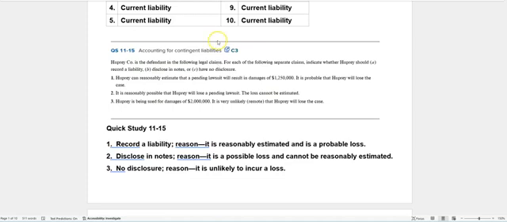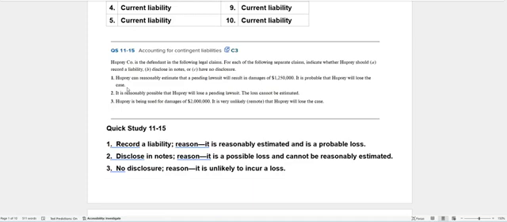Okay, so for example, if Hoopery can reasonably estimate that a pending lawsuit will result in damages of $1.25 million, it is probable that they will lose this case. So there's a case pending. That lawsuit exists, and the lawyers have told the company, listen, it's quite probable that you're going to lose this and you're going to have to pay.